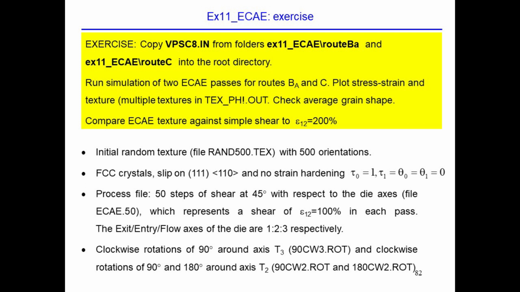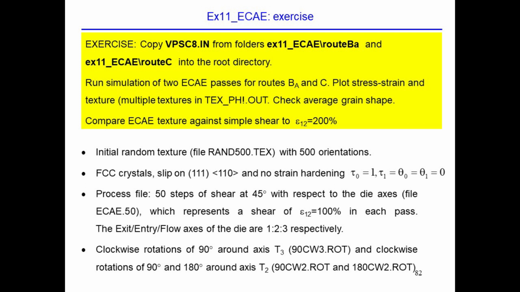And yes, the XC entry and flow axis of the die are 1, 2, 3 respectively. And these are the clockwise and anti-clockwise rotation matrices that you need to use in those cases. They are already included in VPSC8 in, so VPSC in will go and look for this rotation matrix. So run that case, see if you can plot the texture.